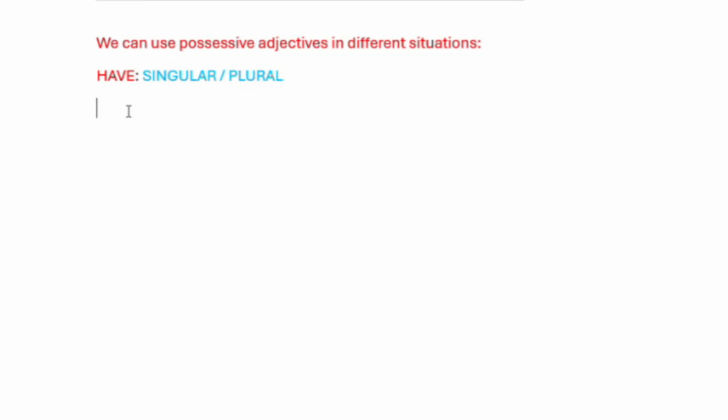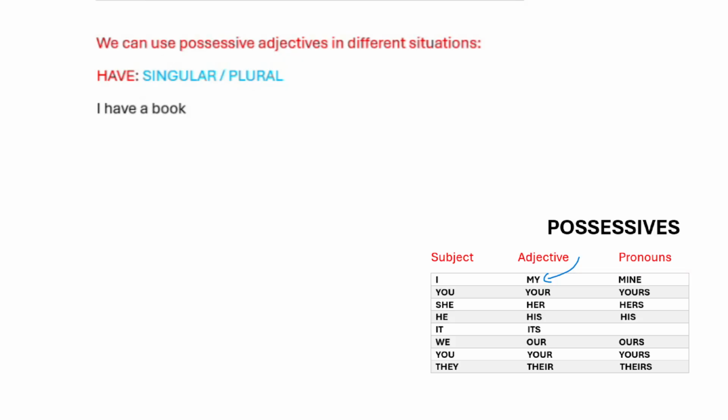Okay, guys, I'm here again. In this case, we have the verb have, singular and plural. Remember, the verb have is when you have something, and we can use the possessive adjectives to refer to the possession of that object in a singular form. I can say, I have a book, and my book is big.